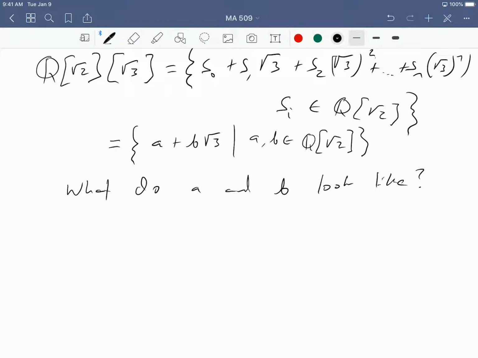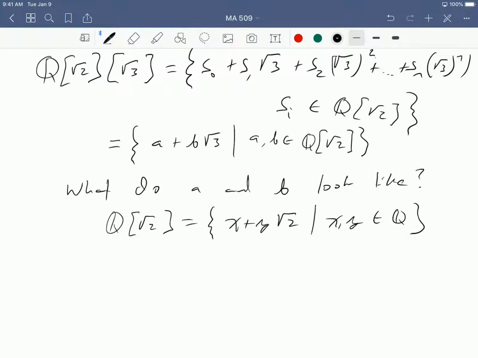Remember, Q adjoin root 2 we had written down as the set of all, and I'm going to change variables again, something like x plus y root 2, where x and y were rational numbers. So A and B look like that.